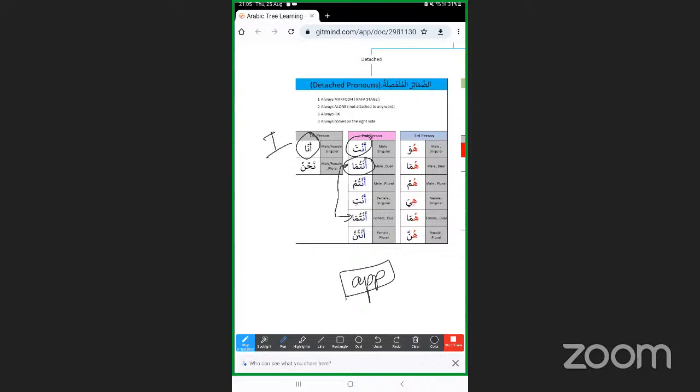Both are same. We should go with the context. The context will tell me whether the writer or the speaker is speaking about two males or two females. And to make things easy for you, these duals are very rarely used in the Quran, and they are almost never used in standard Arabic.